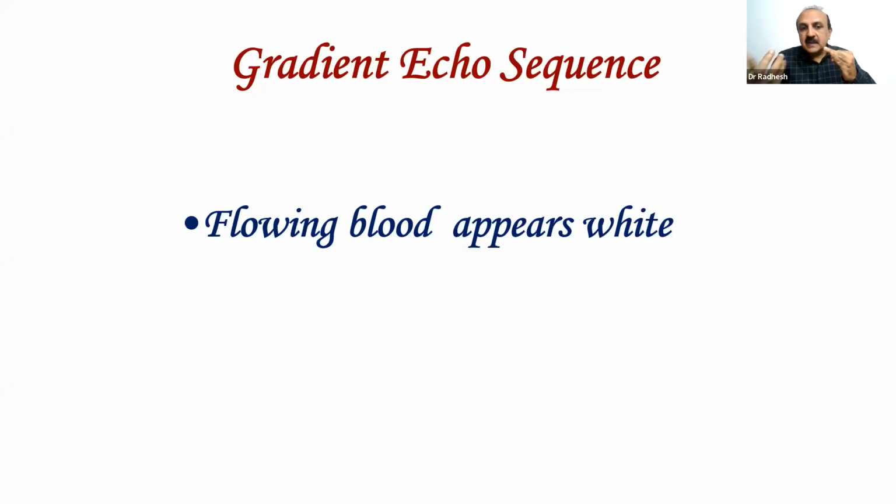Now, sir, you are saying that flowing blood should look black, but on the gradient sequence, it is looking white. So what I do is I change the black to white. That's all I do in the sequence. Using a pulse sequence, the flowing blood is looking black, and I convert it to white. That's all I do. Gradient echo sequence, which we use regularly when we image, say, liver, pancreas, intestines.